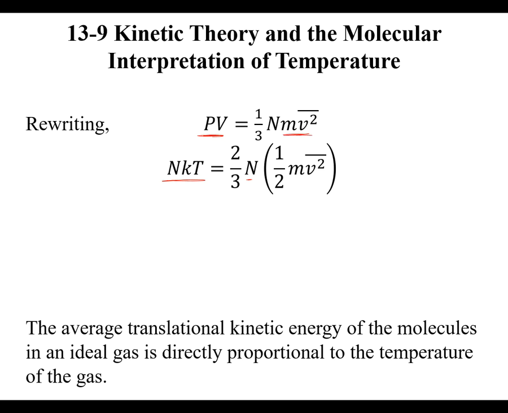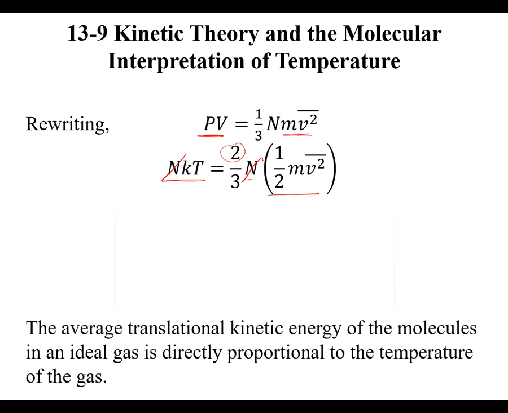Where have we seen mv squared before? Kinetic energy, but that's 1/2 mv squared. So if we multiply this by 1/2, whenever we multiply by a number, we have to also multiply by its reciprocal. So we have to multiply the whole thing by 2. So this becomes 2/3 N times 1/2 mv squared. The N's cancel out.